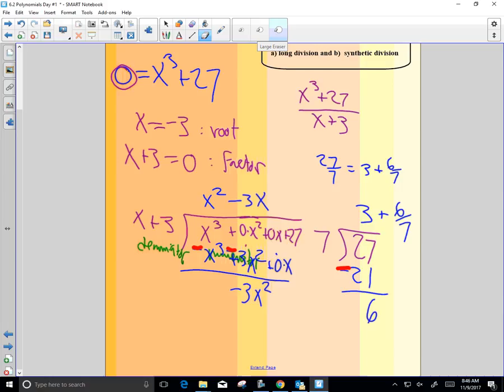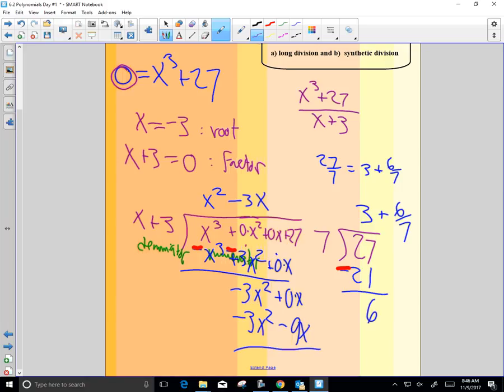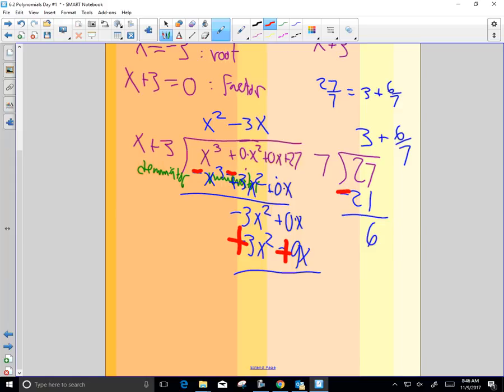Whoops. Wait a minute. Bring the 0x down here. Negative 3x squared, minus 3 times 3x is 9x. Do what we did here. Subtract them. Take the opposite. So now you're going to get negative 3x squared plus 3x squared is 0. 0 plus 9x is 9x.